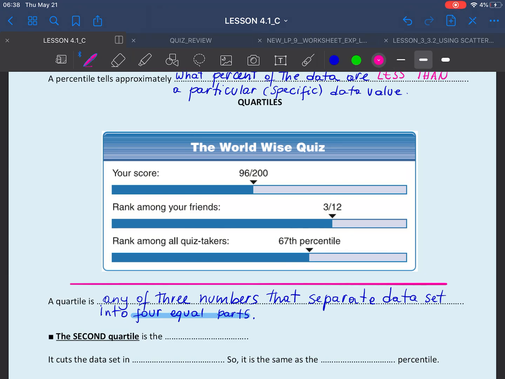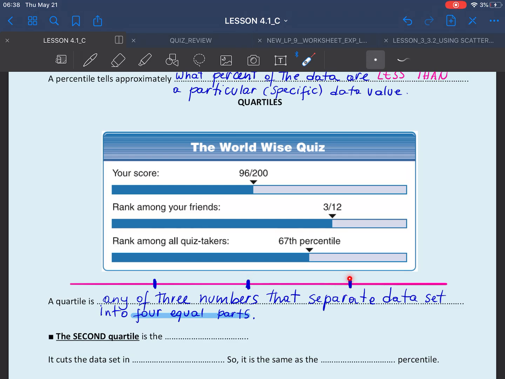To divide this into four equal parts, first we'll divide it into 2 equal parts. That's how we divide it into 2 equal parts: we find the middle number. Now we have 2 equal parts. To make 4, we'll take the first half and divide it into 2, and then the second part and divide it into 2 equal parts.